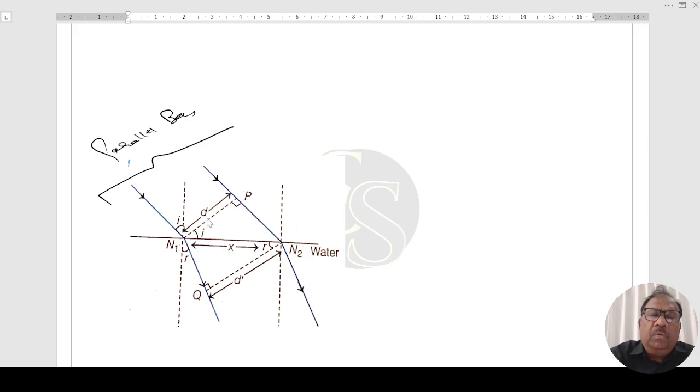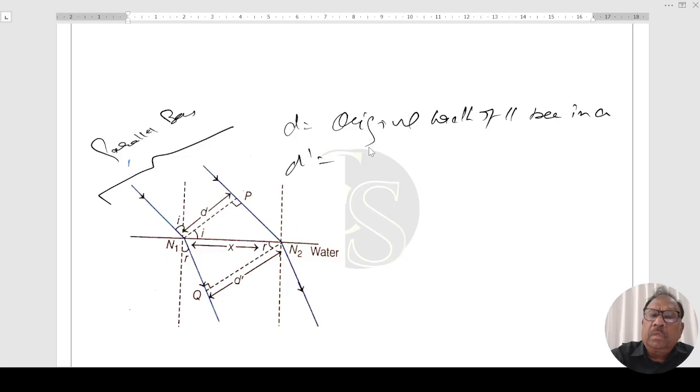Now, this is the original width d of the parallel beam in the air, and d dash is the width of the beam in water.